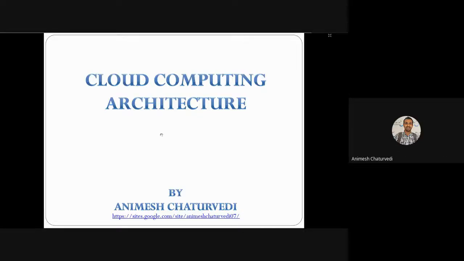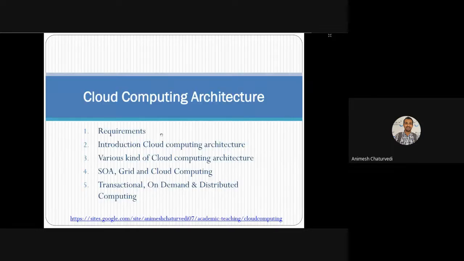Hello. Today we are going to study and discuss and start the second part of our cloud computing course, that is cloud computing architecture. So in this cloud computing architecture, we'll discuss the requirements, and the introduction to cloud computing architecture.